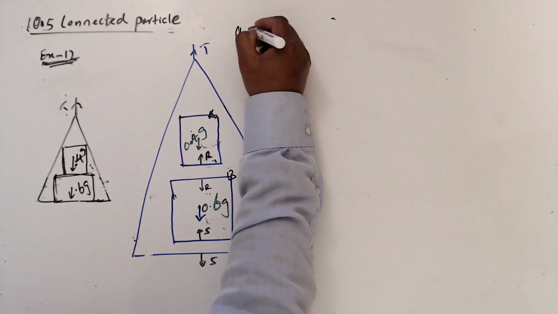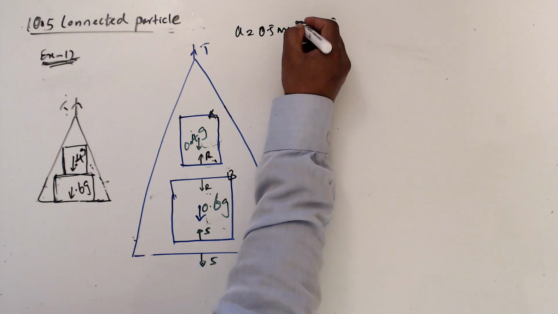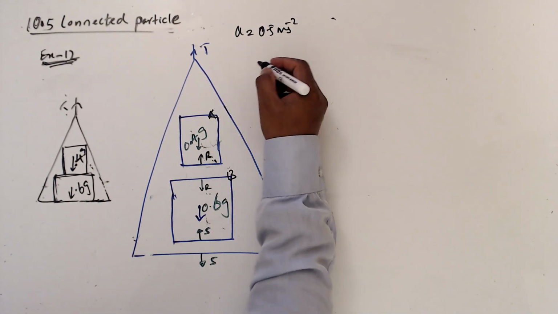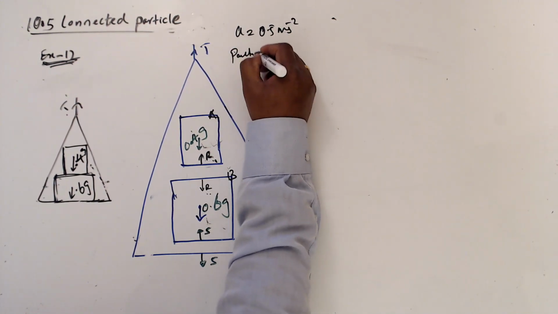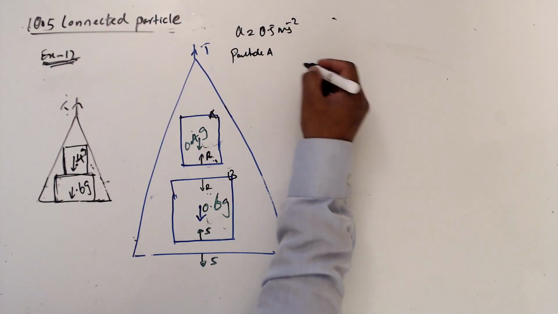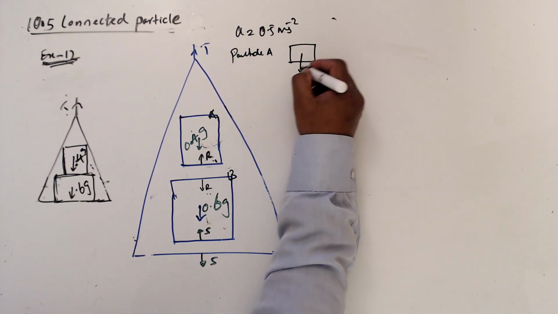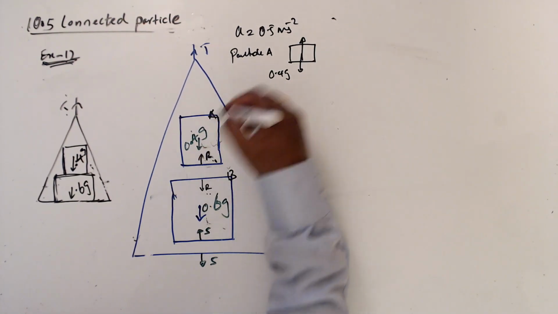It has acceleration A equals 0.5 m s to the minus 2, upward. Now, when I consider particle A, I have 0.4 g and R upward.